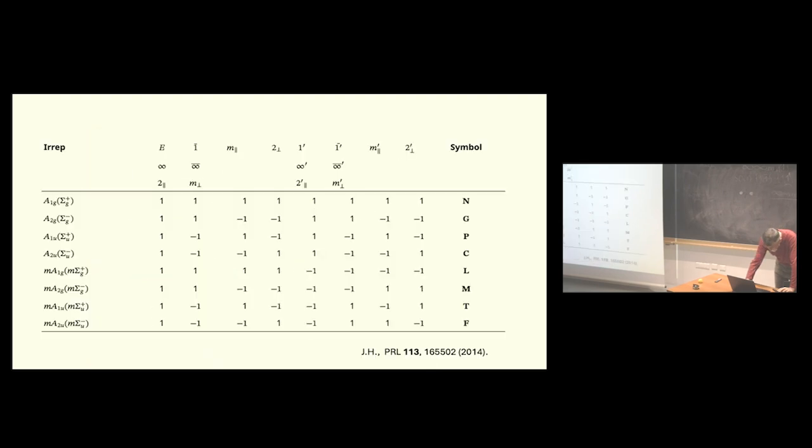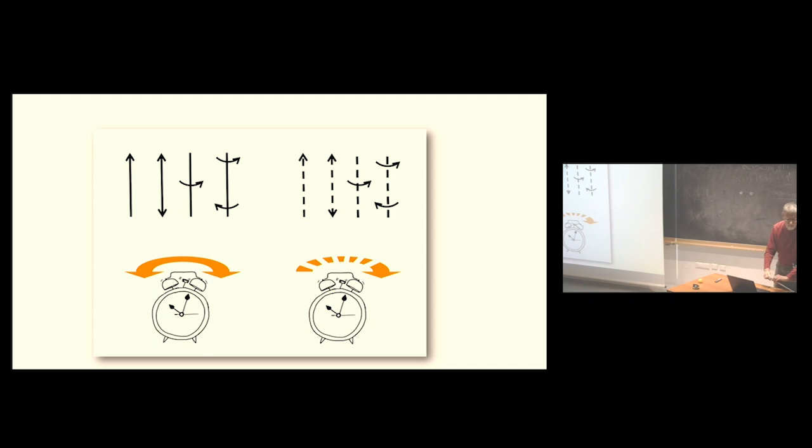The reason why there are 8 of them, if you'd like to understand the simple argument, which is absolutely robust, is that you need to look at the one-dimensional irreducible representations of this group.